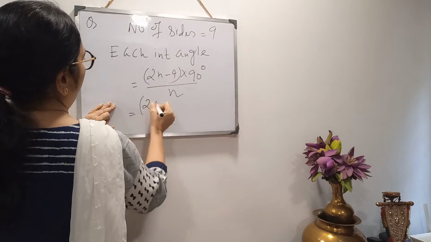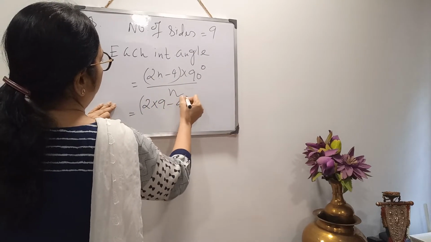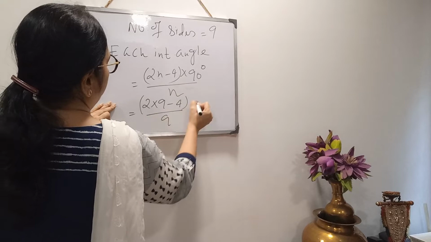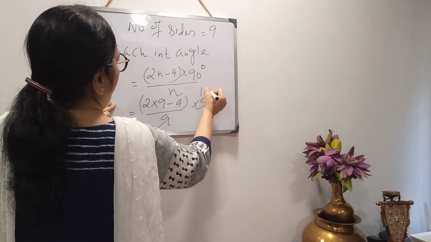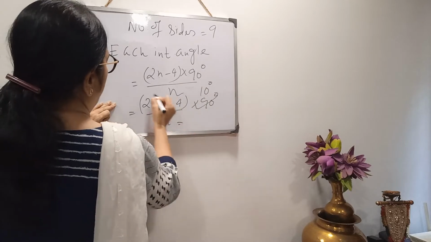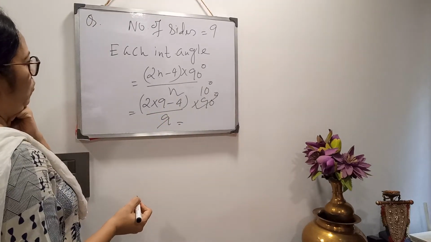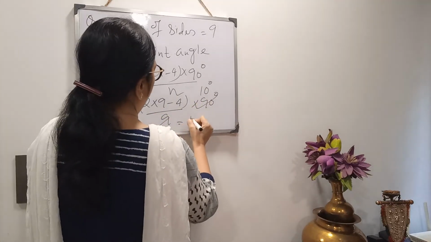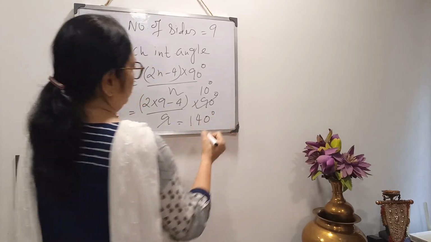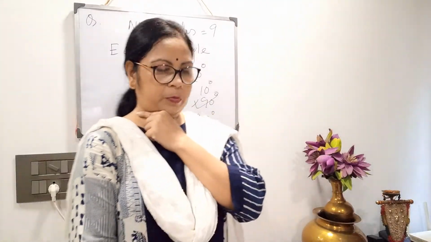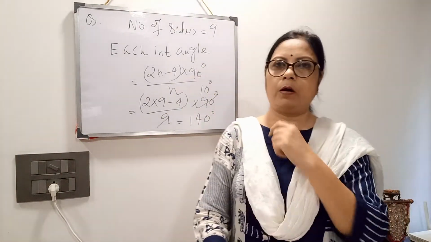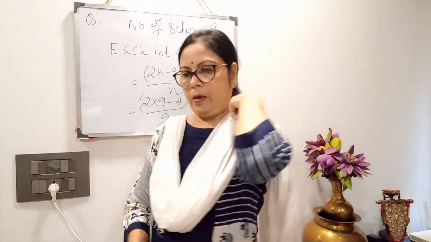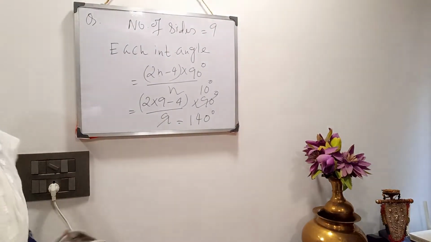So (2 into 9 minus 4) by 9 into 90 degree. 18 minus 4, 14. 14 into 10. You will do the calculation, one step I have jumped, so you will do it yourself. It is coming 140 degree. Clear? This is each interior angle.